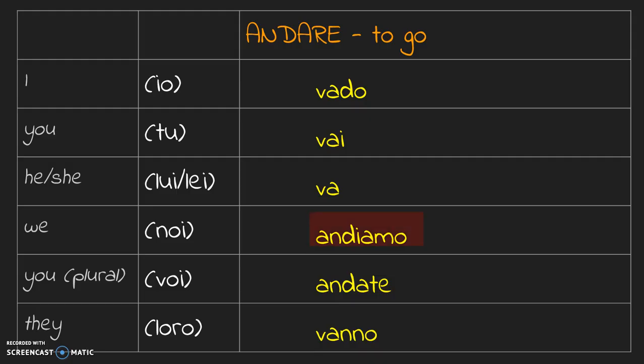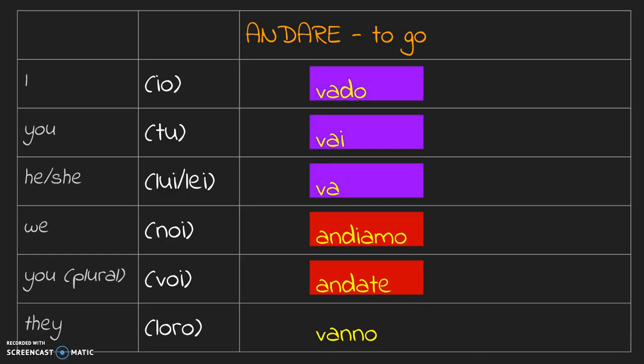We have andiamo and andate, which are the two forms that are most similar to our infinitive, our name of the verb. But then we have vado, vai, va, and vanno that are all very different.